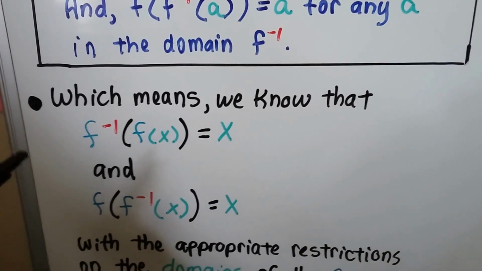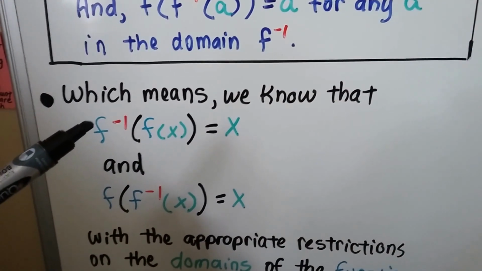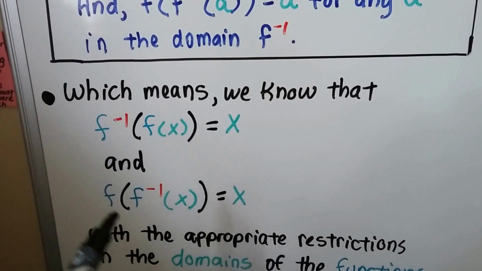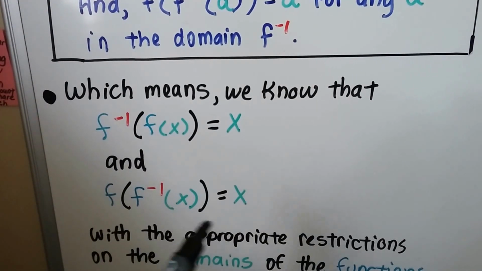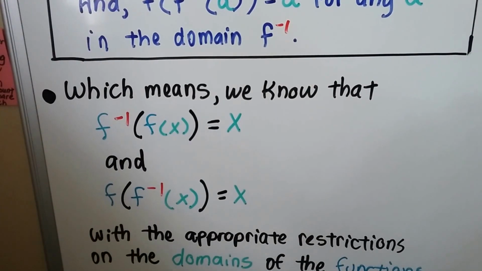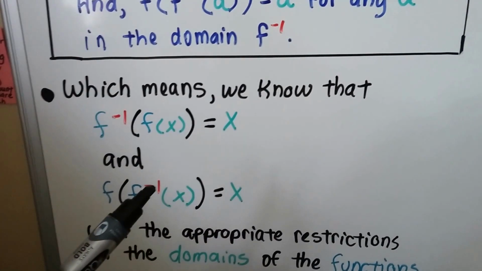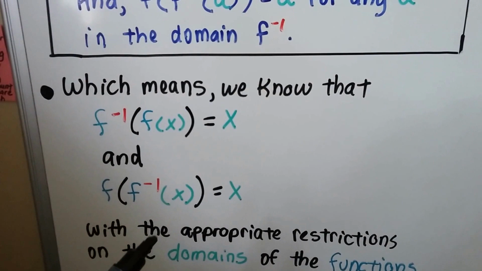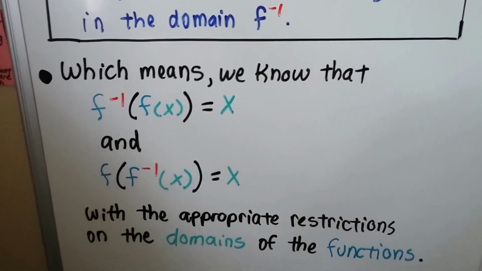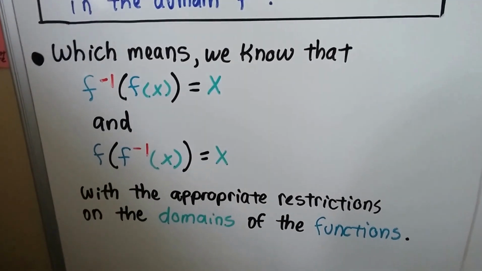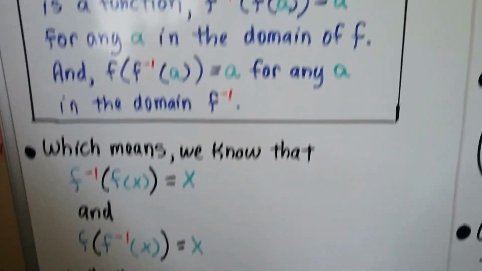It means the inverse of the function of f of x is going to equal x, and the function of the inverse of the function of x is going to equal x. Do you see how it's got this -1 superscript on the outside of the parentheses? It's got it on the inside of the parentheses with this f, and they're still going to equal x, with the appropriate restrictions on the domains of the functions, okay?